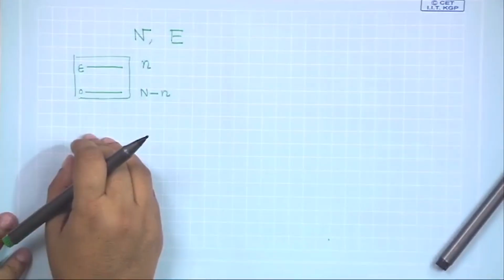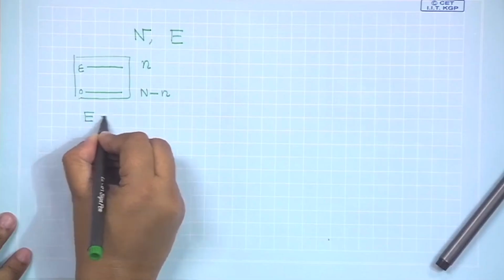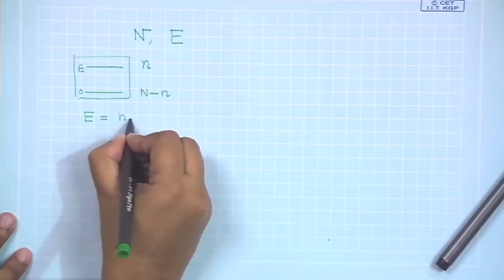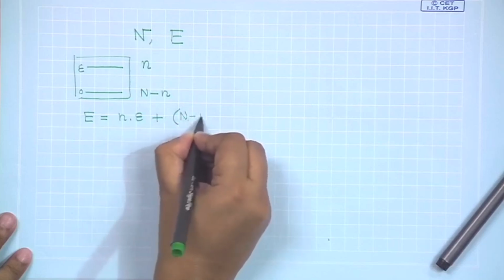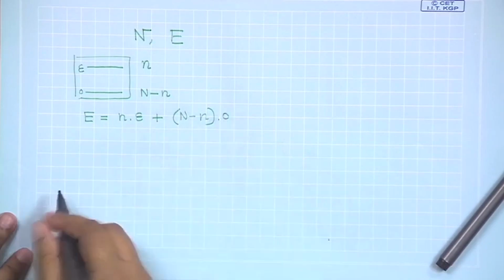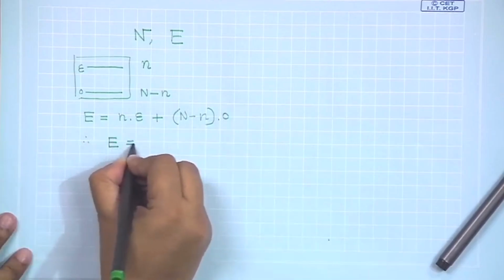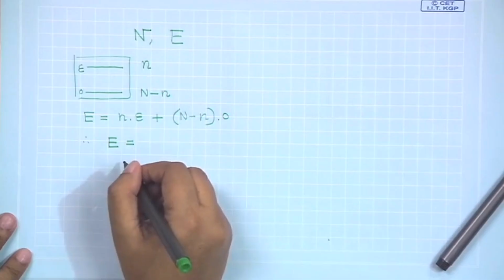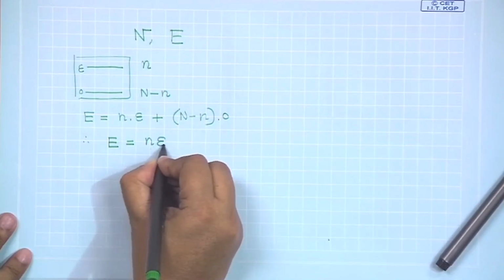So, for any such microscopic state, what is the energy of the system? That must be small n into epsilon plus capital N minus small n into 0, and therefore, I can very easily say that capital E, the total energy of the system, is given by small n into epsilon.